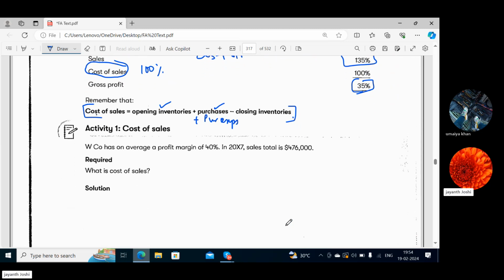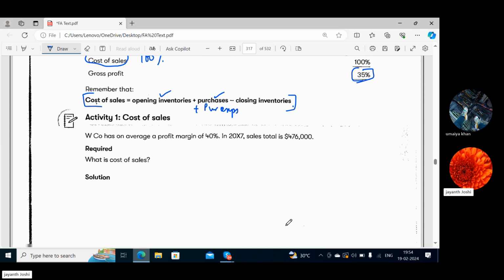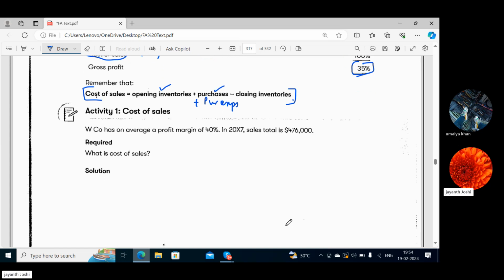W company has an average profit margin of 40%. In 2017, sales total is 476,000. So they are saying profit margin of 40%. When we use this word margin, that means sales is to be taken as 100%.